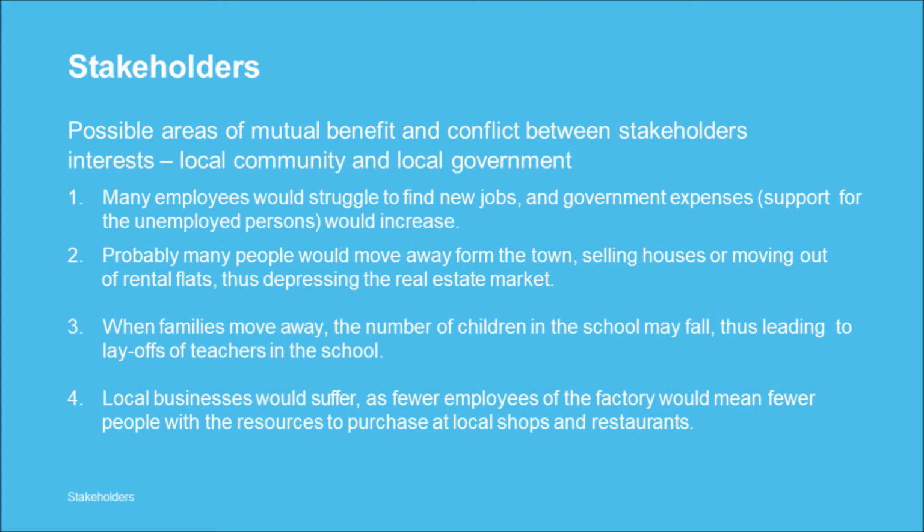When families move away, the number of children in the school may fall, thus leading to layoffs of teachers in the school. 4. Local businesses would suffer, as fewer employees of the factory would mean fewer people with the resources to purchase at local shops and restaurants.